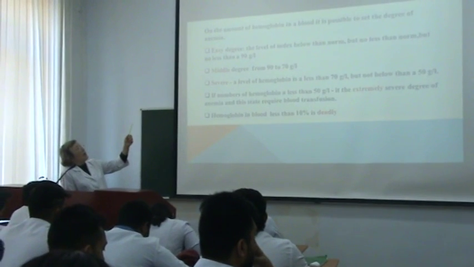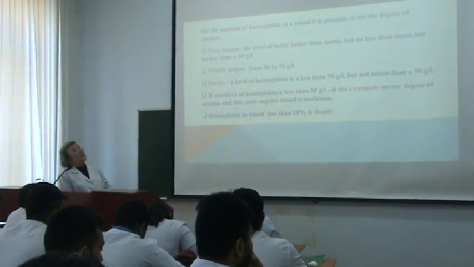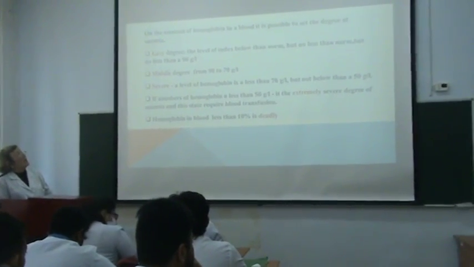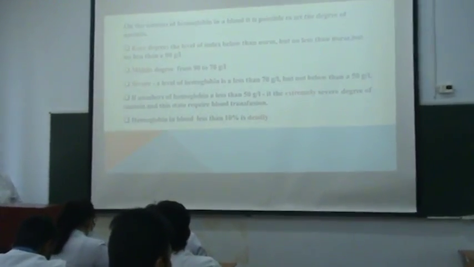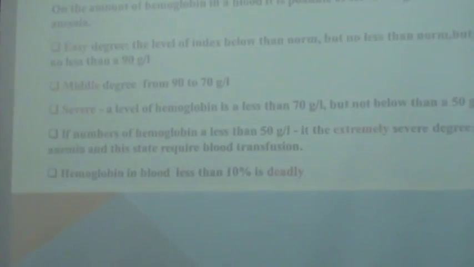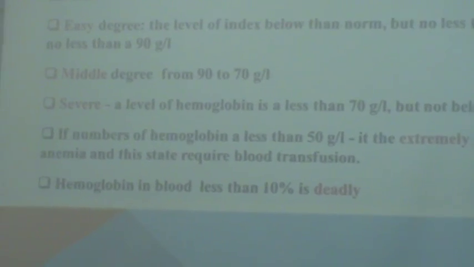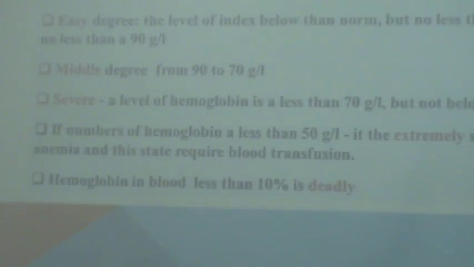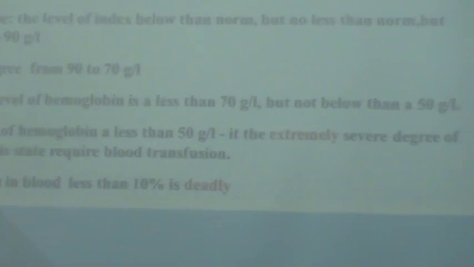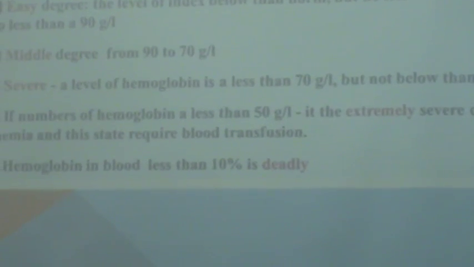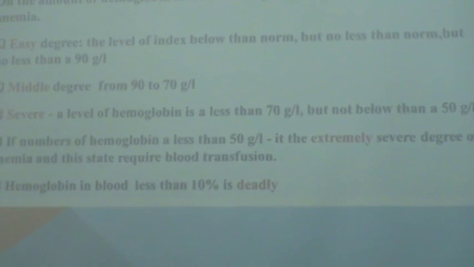Mild degree: the level of the index is below the norm, but no less than 90 grams per liter. Moderate: between 90 and 70 grams per liter. And severe: the level of hemoglobin is less than 70 grams per liter, but not below 50 grams per liter.